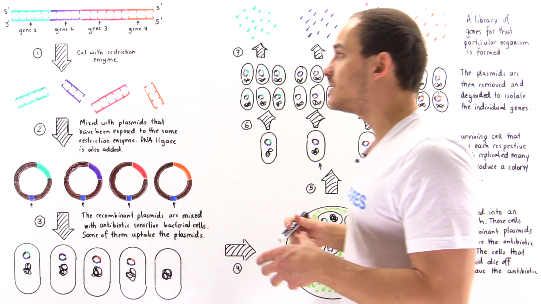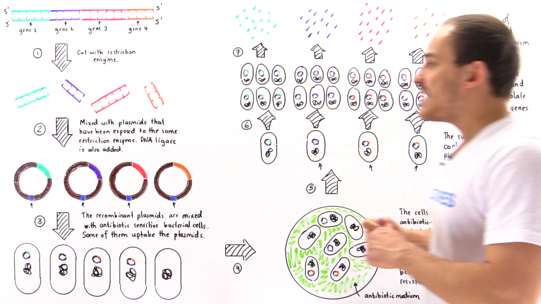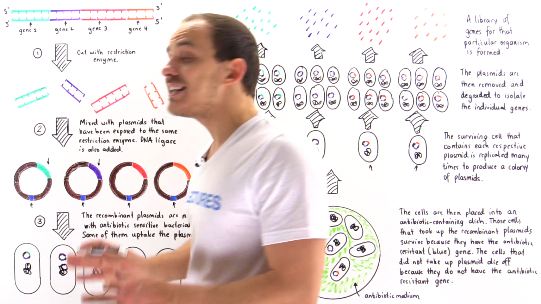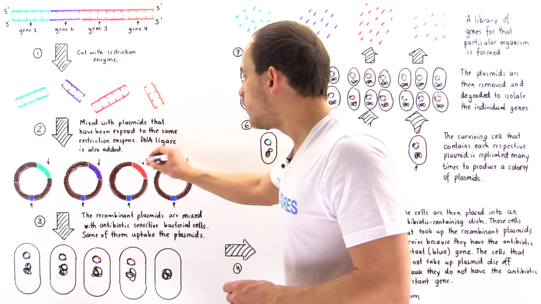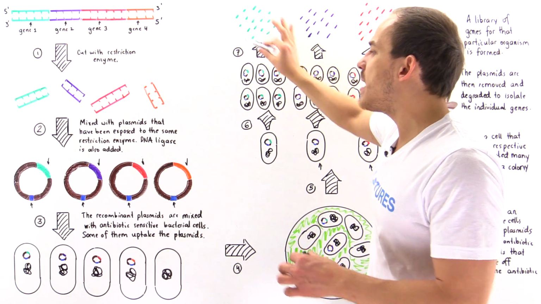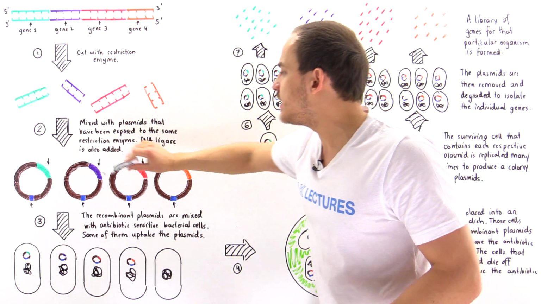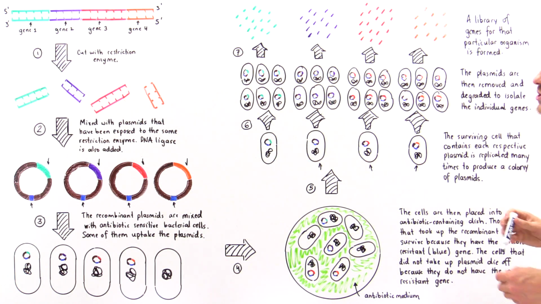And what that does is it cuts the plasmids and releases each one of these genes. And now we're dealing with not a single gene, but we have millions of each one of these genes. So we have many of these green genes, many of these purple genes, many of the red genes, and many of these orange genes.